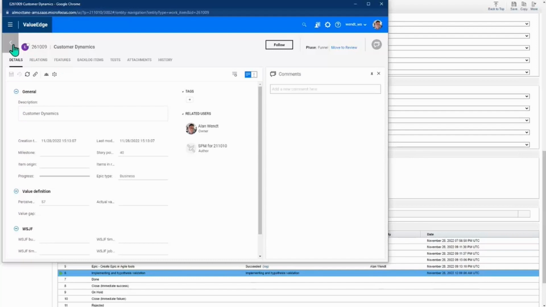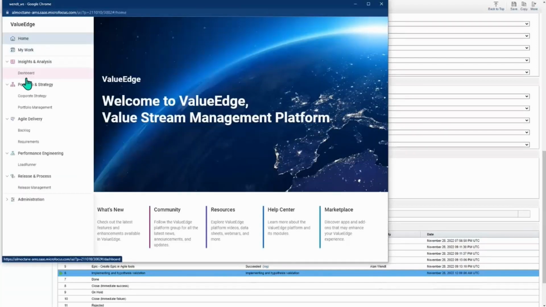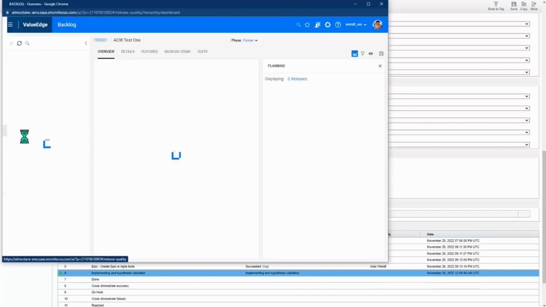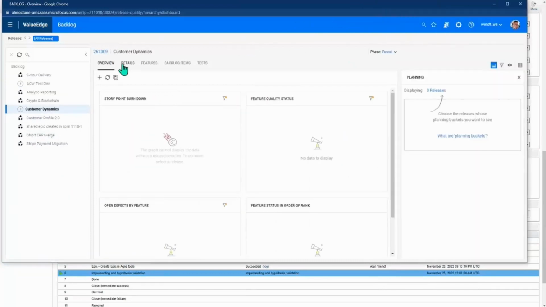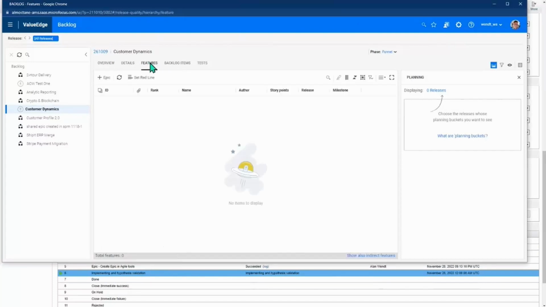And so in this case, because it's part of a tree, I'm just going to select the Agile module or the Agile backlog, and you'll see that customer dynamics as an entry in that module, and you can further express out those lower-level requests, the features, the backlog items, the tests associated with it, etc. But I'll tell you, this is touching another area of the Value Edge solution and is outside the bounds of our strategy module. But I just wanted to show you where that request was now created as a result of our workflow.